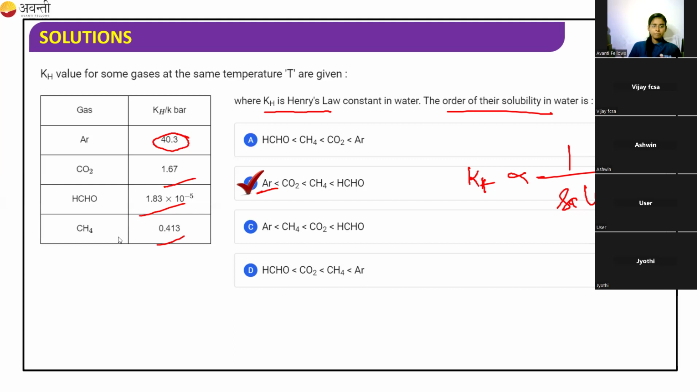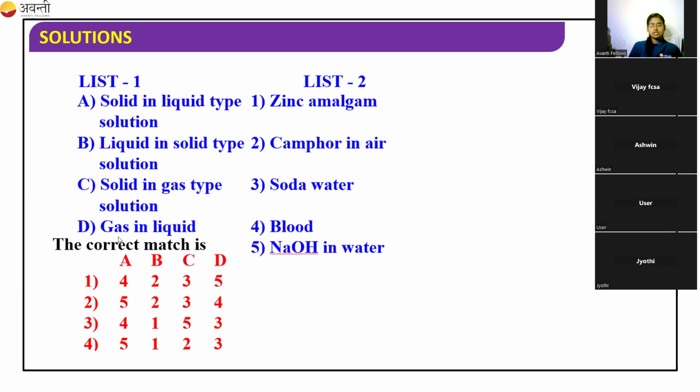Okay, good. Now moving on to the next question. We have two lists and you have to find out the correct match. This question is from the classification and types of solution: solid in liquid type solution. We have four components in list 1 and five components in list 2. One is extra, which will be out of our consideration.